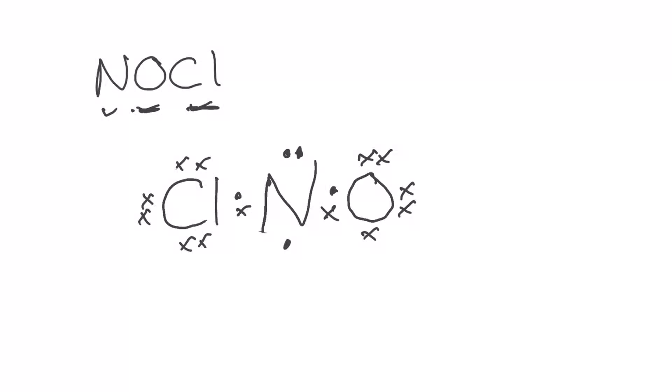So I'm done with bonding it, but I check. Chlorine has 2, 4, 6, 8 electrons around it. Nitrogen, however, has 2, 4, 6, only 7. And oxygen has 2, 4, 6, only 7. So this is not correct.